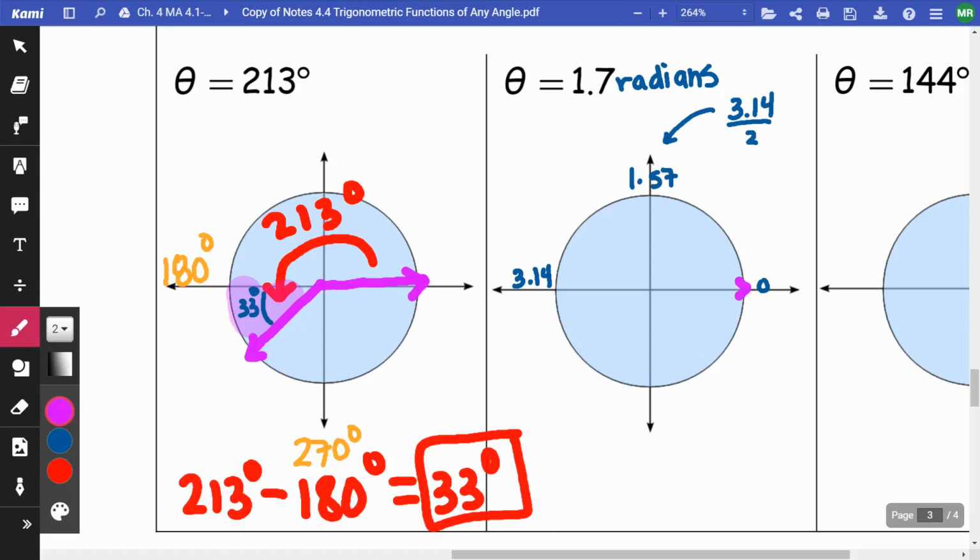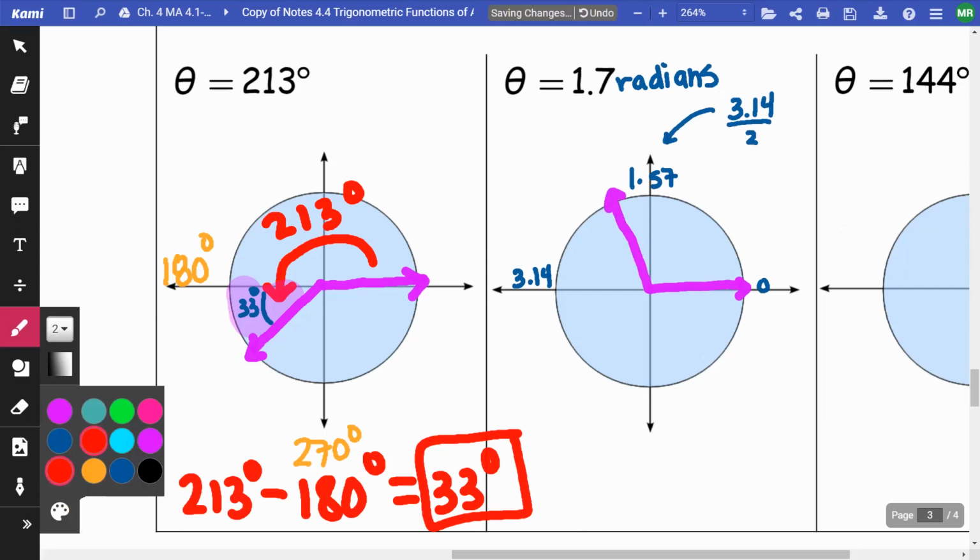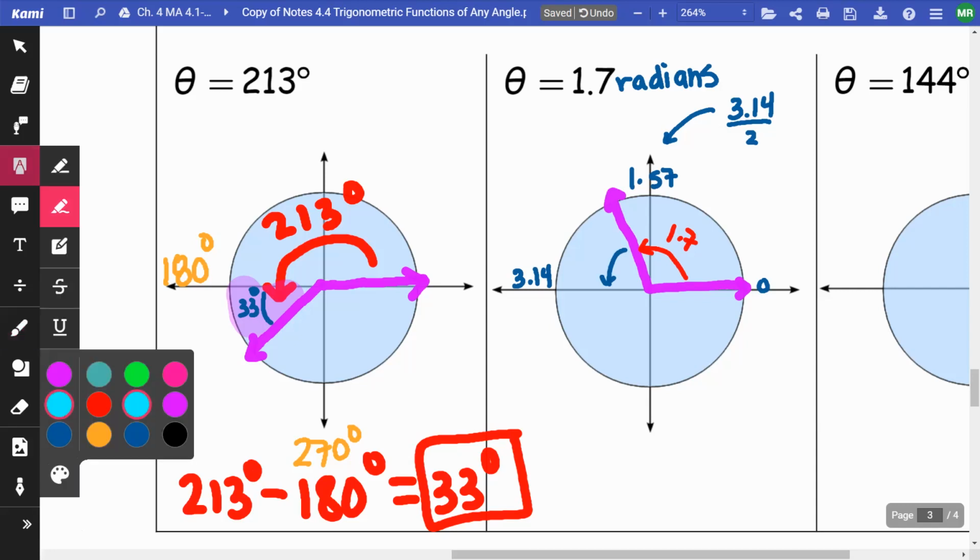So this angle here, 1.7 radians, is starting here and it's coming over to here. And again, the distance from here to here is 1.7 radians. What I want is this distance. How far is it from here? How far are we from the x-axis?